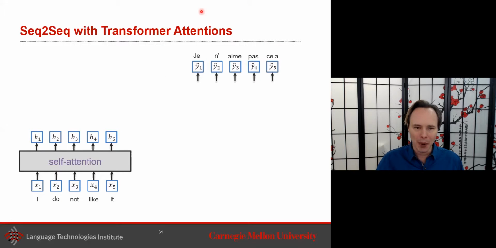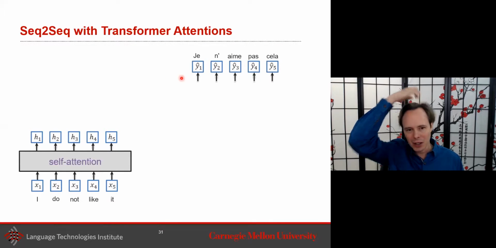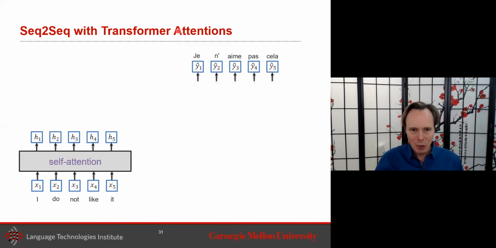If you remember, the generative models, what do they have as input? What do they have, these decoders? These decoders often have the start token at the beginning.